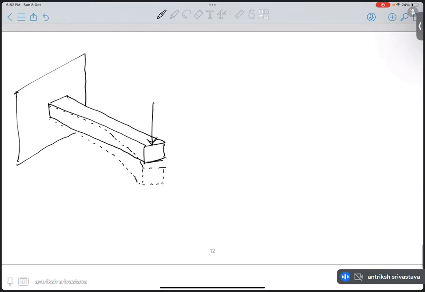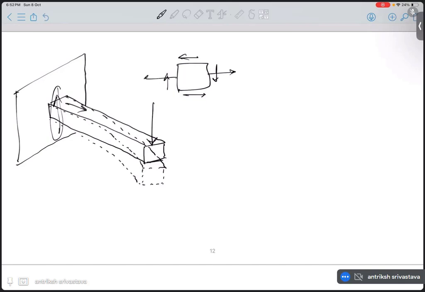Right? This is the bent beam. But the stresses that we have developed here are the shear stress and the tension stress. We have developed shear in this direction, which is going to be counteractive, and we have developed the tensile stress in this direction, but we don't have any stress in y.